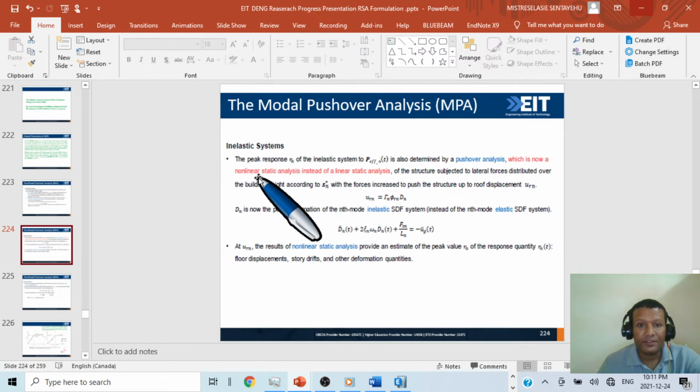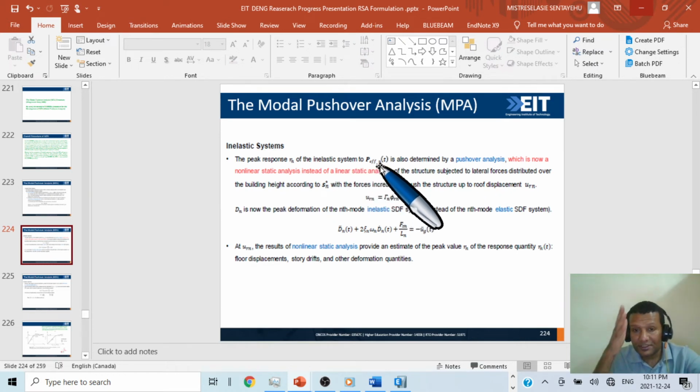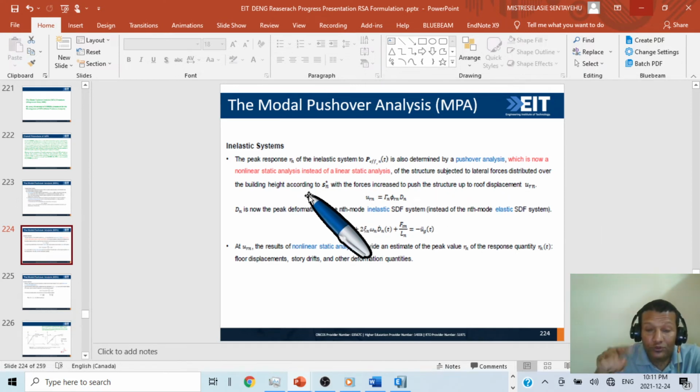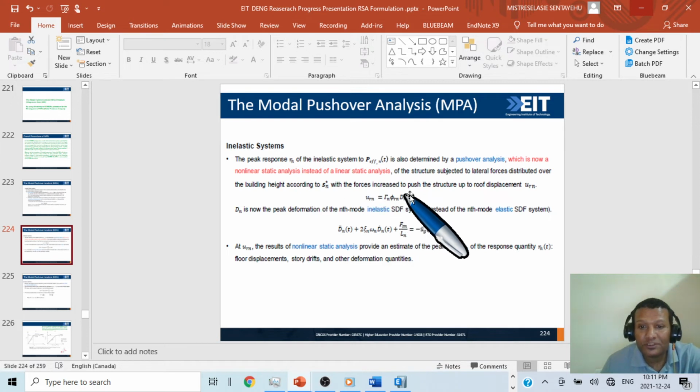For the inelastic system, the peak response Rn of the inelastic system, effective for that mode only, is also determined by a pushover analysis, which is now a nonlinear static analysis instead of linear static analysis, because our structure is nonlinear. The structure is subjected to lateral force distribution over the building height according to Sn, with the force increased to push the structure up to the roof displacement URN. This is for the nth mode only.